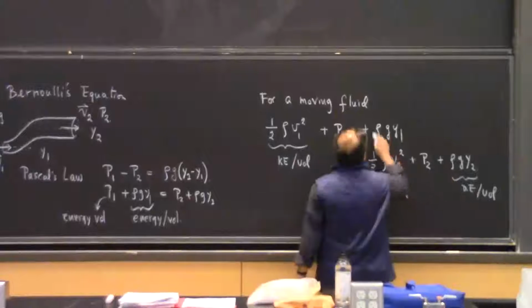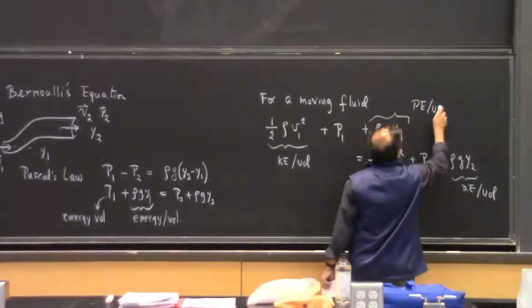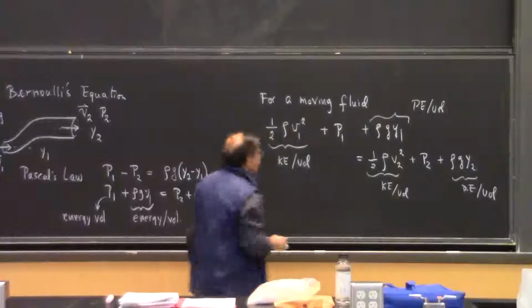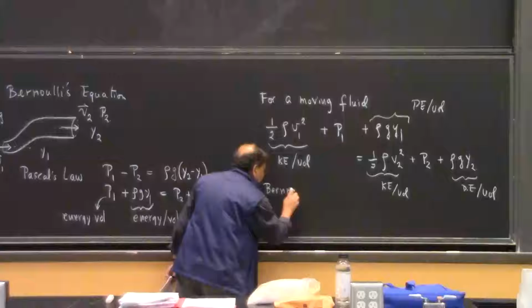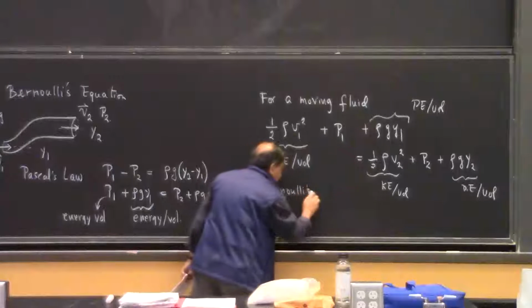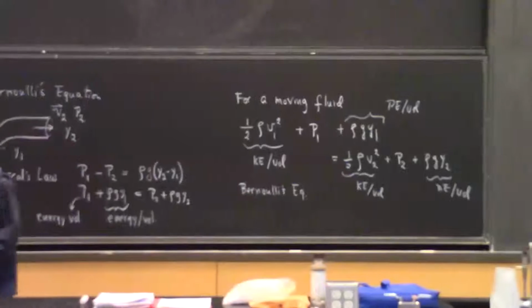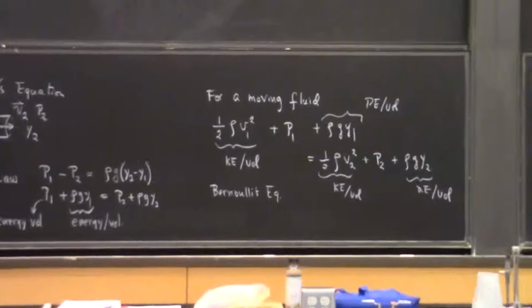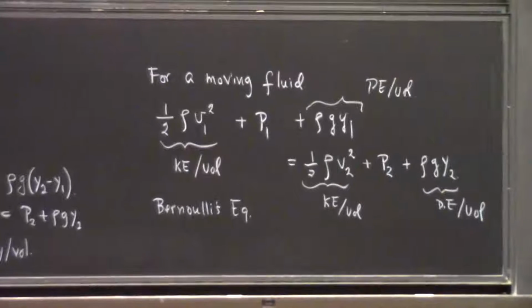So this is an energy conservation equation, and this, by the way, is Bernoulli's equation. So now you can see, I hope, why Bernoulli's equation is such a useful equation, because it is nothing but a plain old energy conservation equation applicable for fluids.